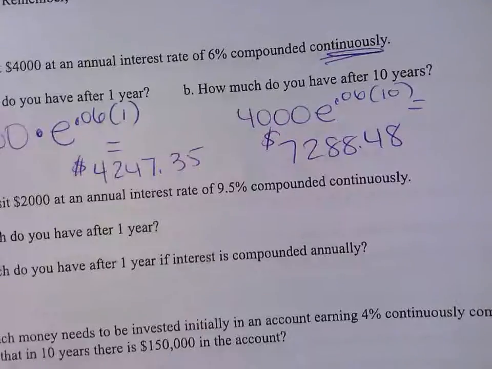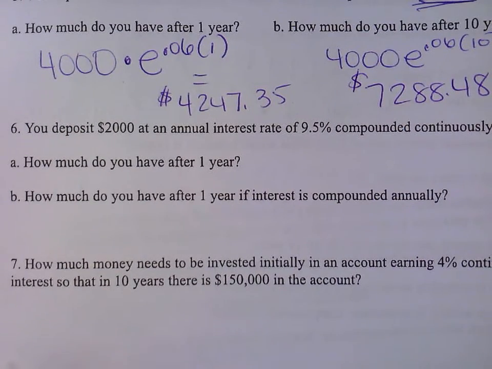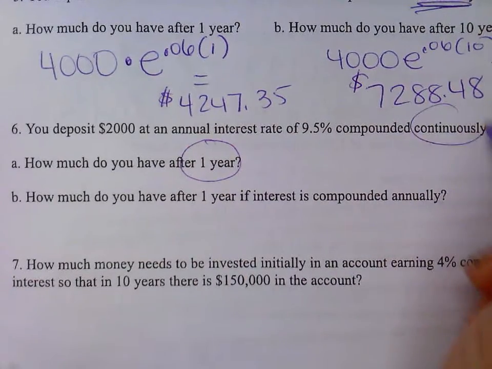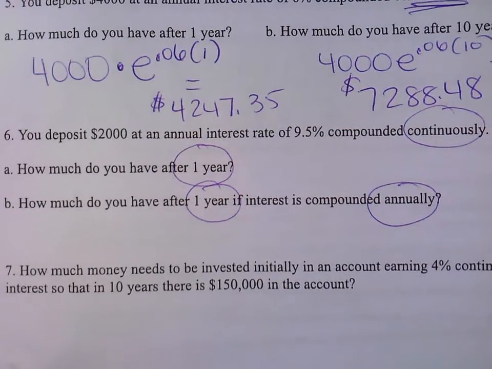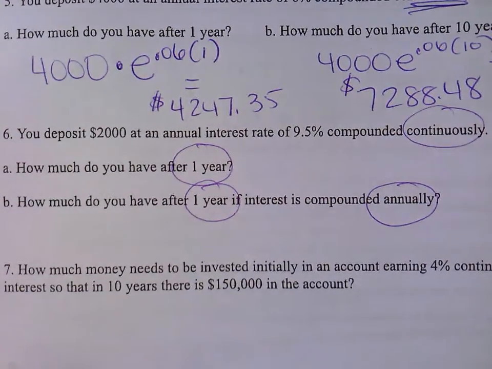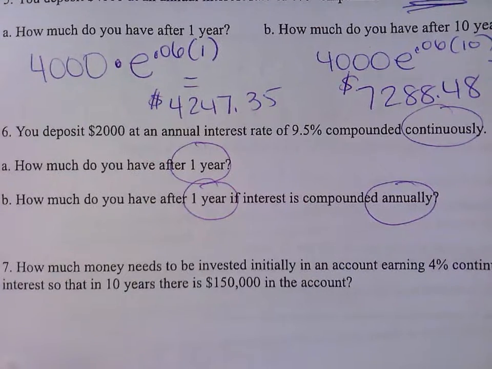So then in number 6, they want you to compare 1 year of continuous interest versus 1 year of annual interest. So now we're kind of comparing apples to apples. What's the difference? If I get annual interest or continuous interest, how many dollars are we talking about at the end of the year?